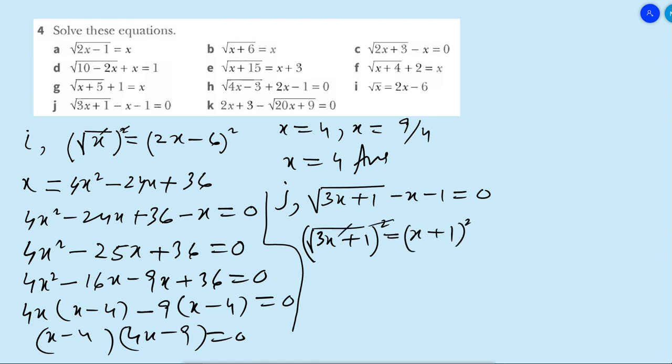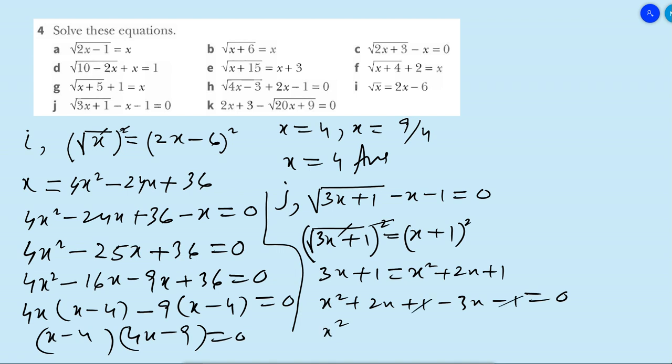Square and root cancel. 3x plus 1 is equal to, apply the (a plus b) whole square formula, x square plus 2x plus 1. x square plus 2x plus 1 minus 3x minus 1 is equal to 0. 1 cancels 1. x square minus 3x plus 2x is minus x is equal to 0. Taking x common, x minus 1 is equal to 0.